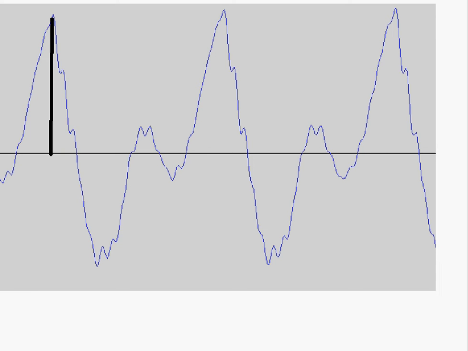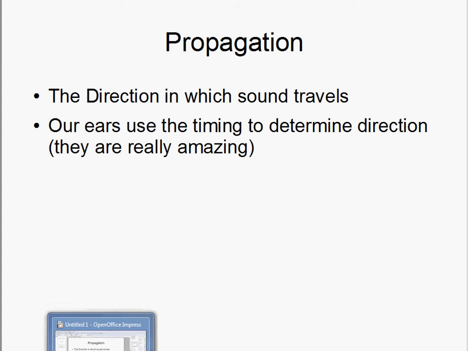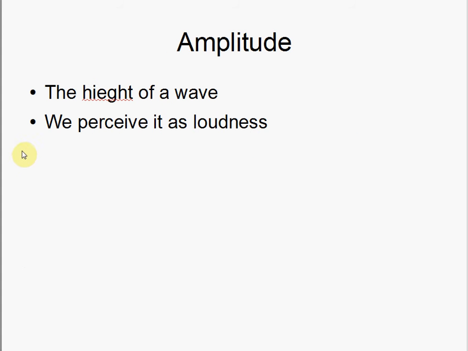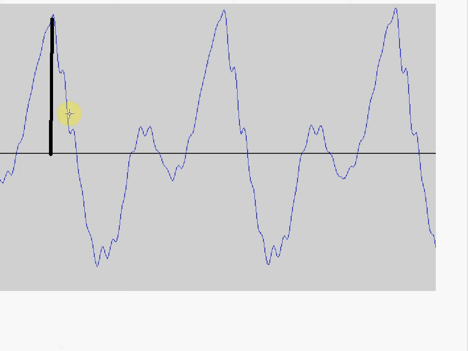But anyway, moving forward, so propagation is direction, and amplitude is the height of the wave, which we perceive as loudness. So in this illustration, the amplitude of the sound is this bar here, the height from the center of the wave.